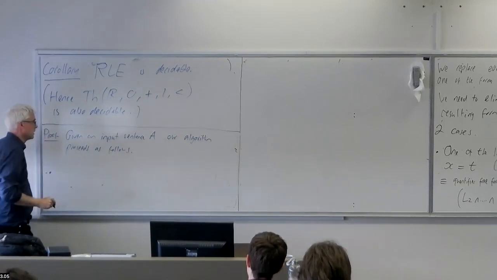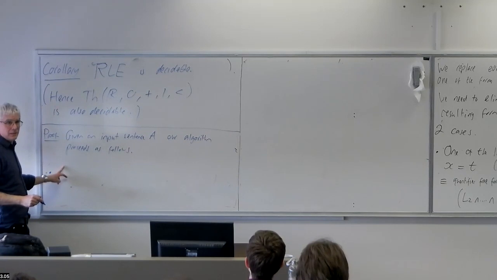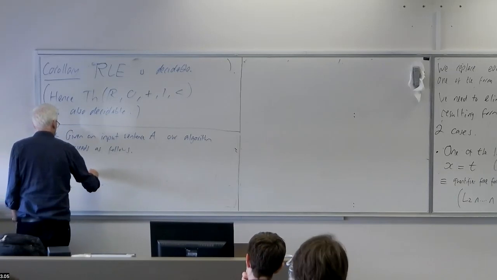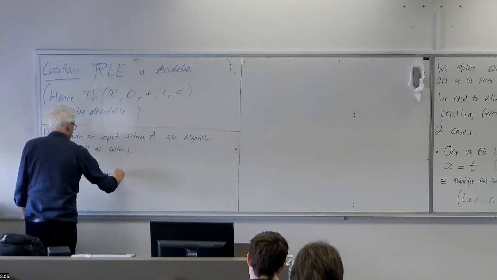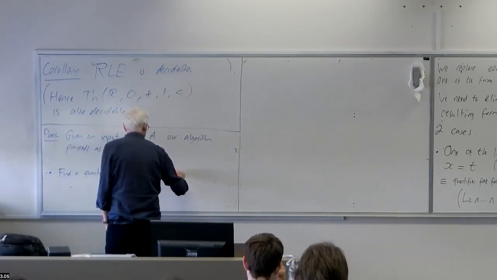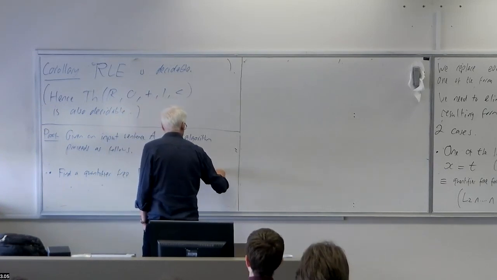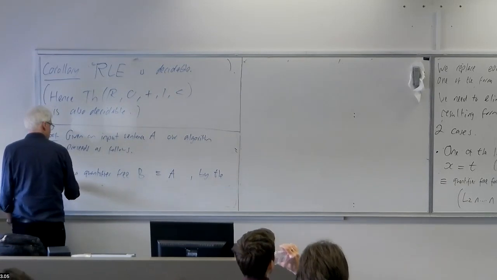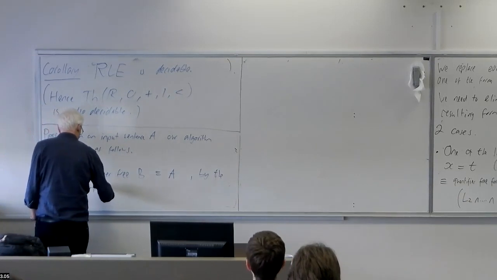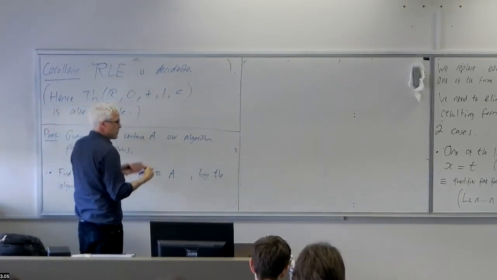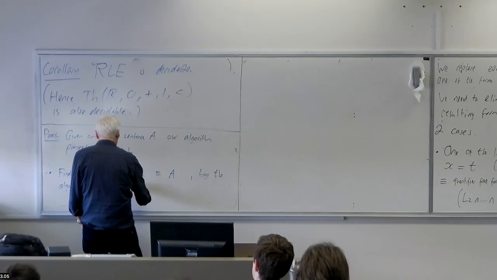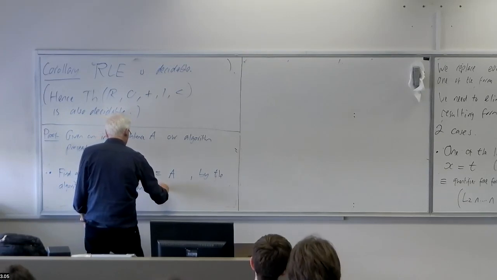Firstly, we find a quantifier-free sentence B equivalent to A, using the algorithm implicit in the proof of quantifier elimination. So all this putting stuff in normal forms and then doing the steps on the board there in quantifier elimination.